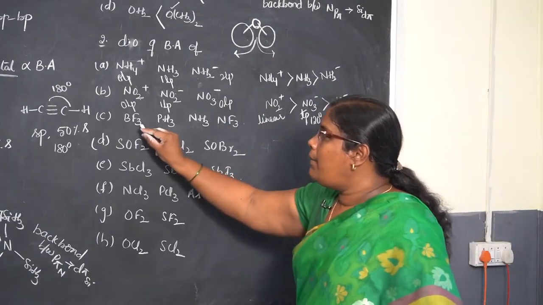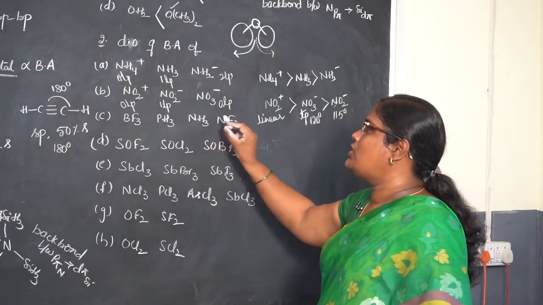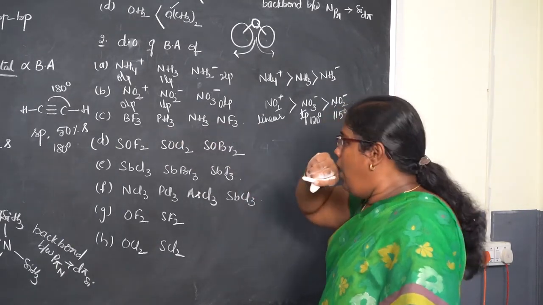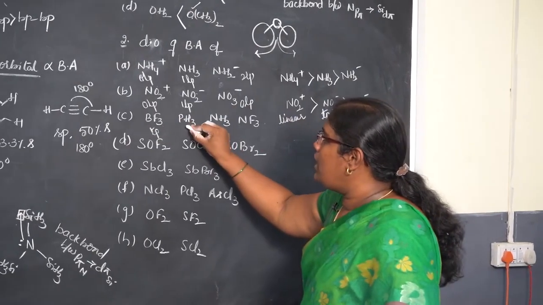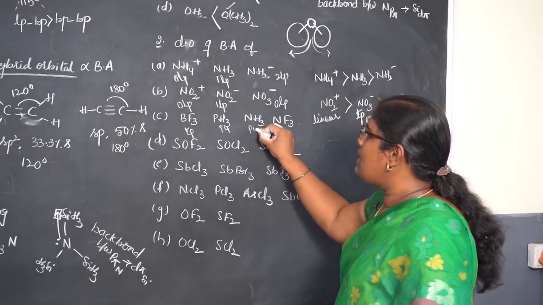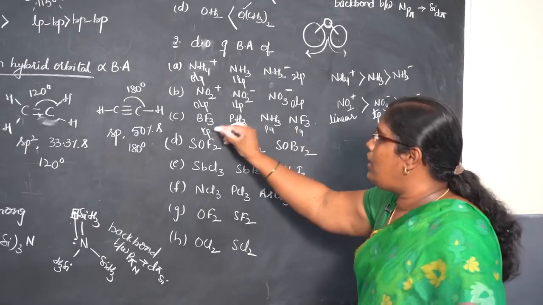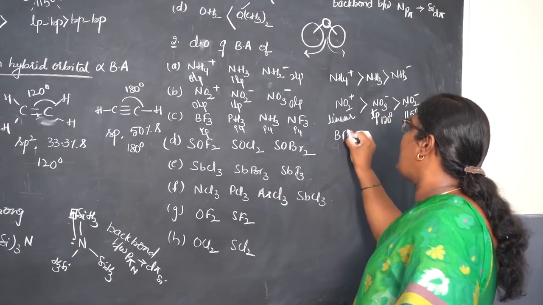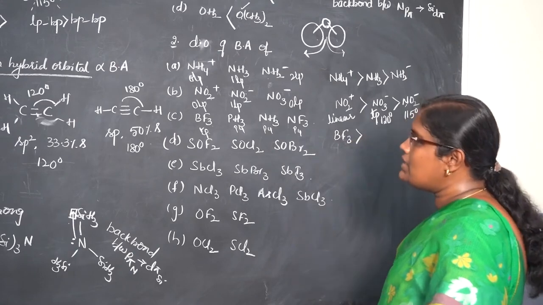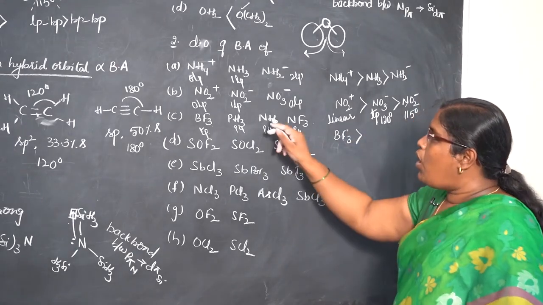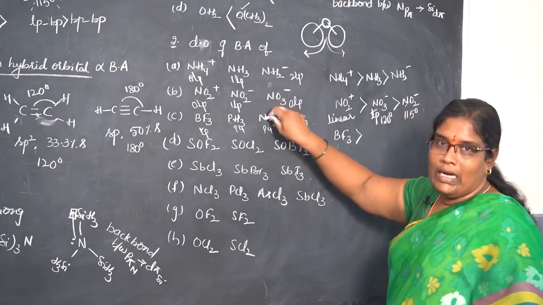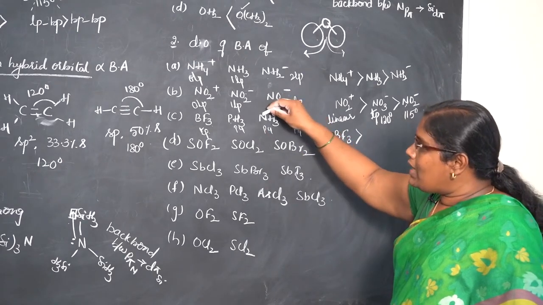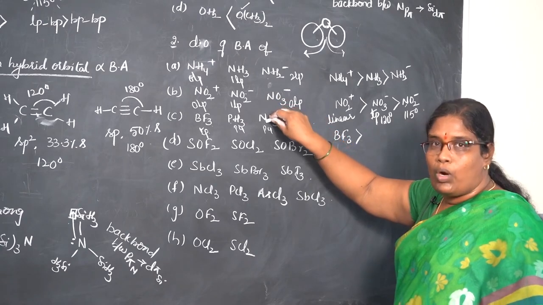Next, BF3, PH3, NH3, NF3. BF3 is a trigonal planar molecule and all the others are pyramidal. So trigonal planar, more bond angle of 120 degrees. Now, among nitrogen and phosphorus, nitrogen is more electronegative. So more electronegative central atom, more bond angle.